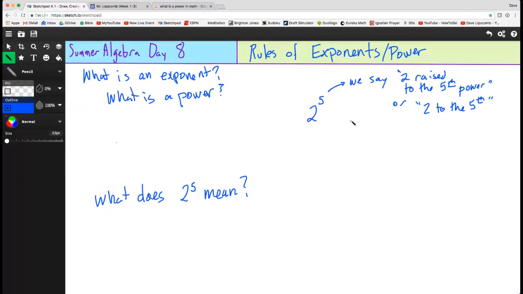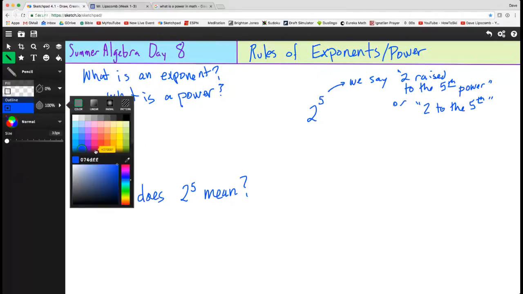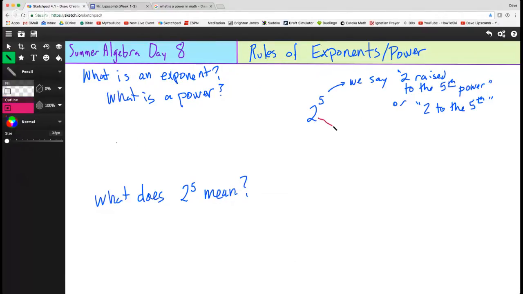Now, before I tell you exactly what it means, let's just talk about what the pieces are. 2 is the base. We call that the base, and the base is the number to be multiplied a repeated number of times.